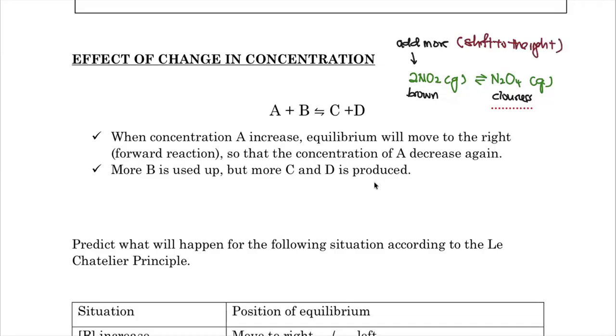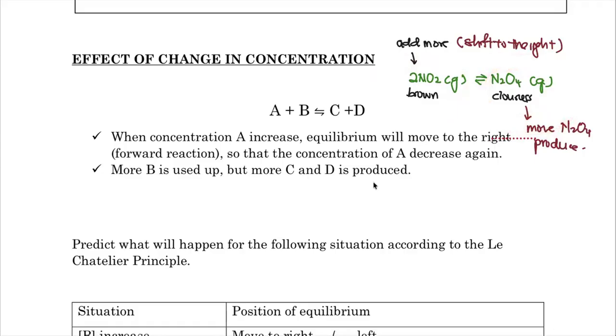Shift to the right side means there is more N2O4 produced. So what do you see? You will see the brown color become less intense. Because we cannot see NO2 or N2O4, the only thing we can see is the color change. We can see the brown color become paler because more colorless N2O4 forms.